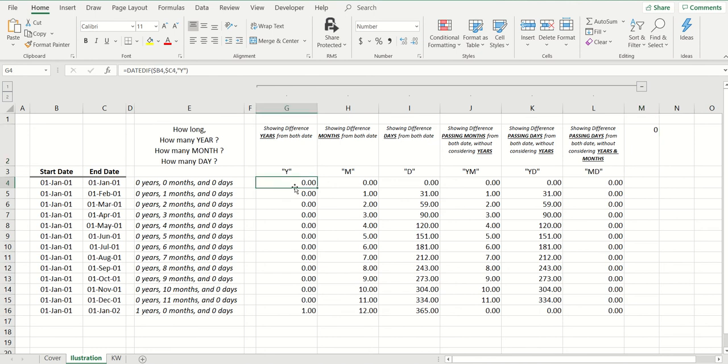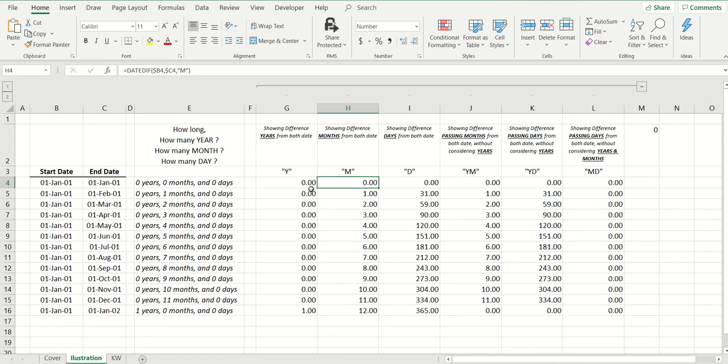The first format is Y. If you choose this format, the formula will calculate the difference in years between both dates.